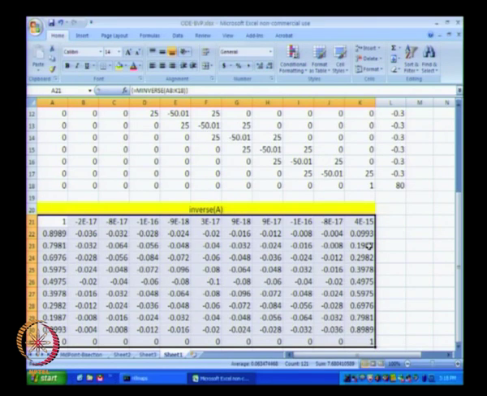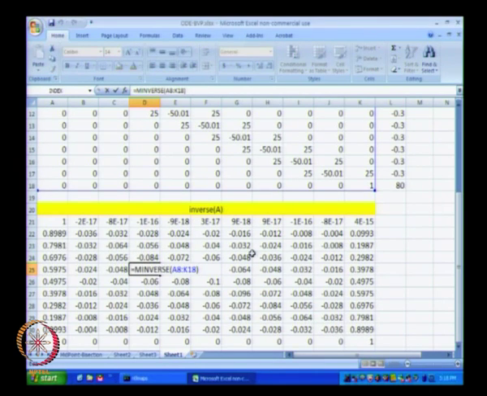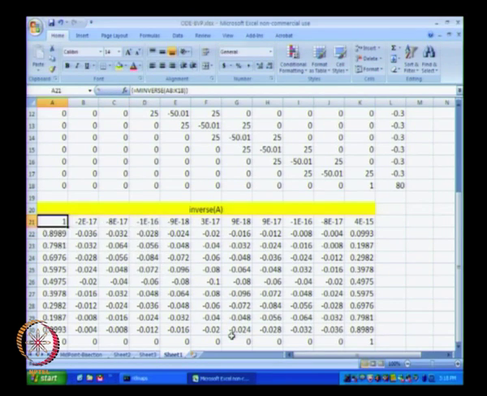Control Shift Enter is going to do a matrix computation in this particular row, and if you press F2 at any of the row and column within that system, what you will see is that it has copied M inverse A8 to K18.